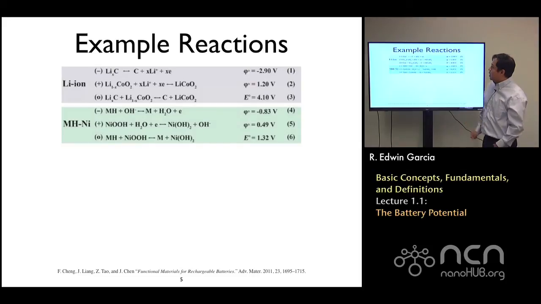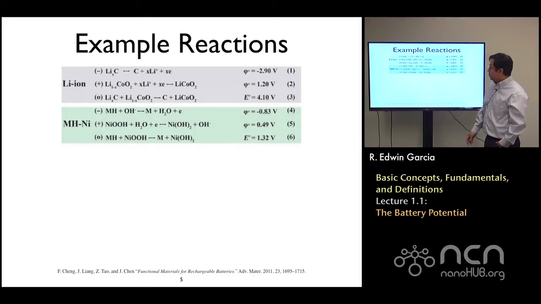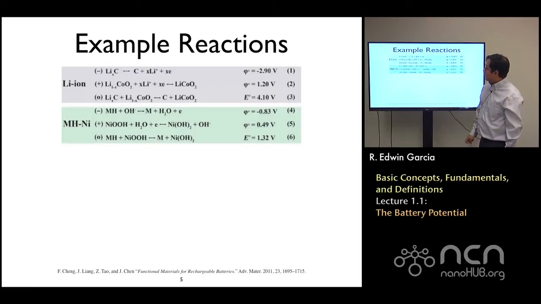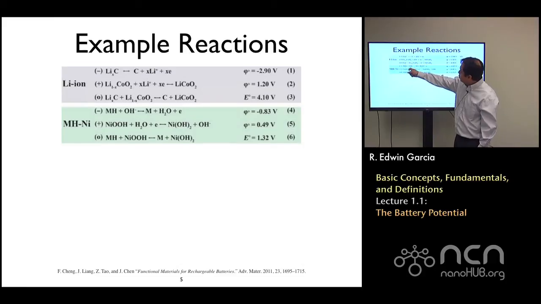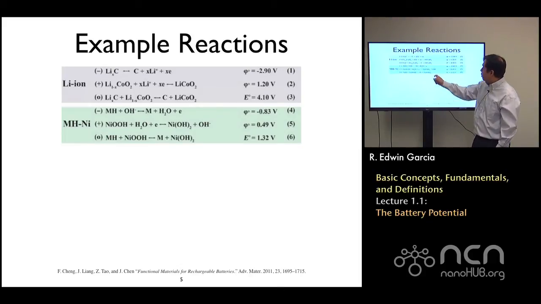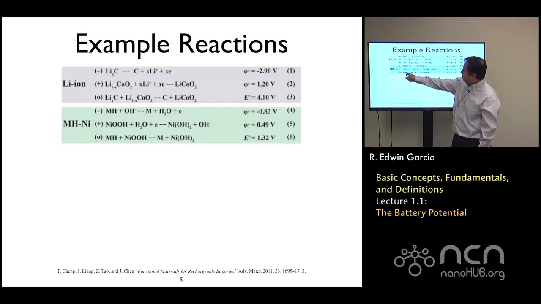Now, this is another example. This is a metal hydride nickel system. Same idea, but you can see you get the same type of reactions in both cases. Here you have the metal hydride. When you put in an OH radical, basically you rip out the hydrogen, leaving the metal alone, and a water molecule and an electron. With respect to the hydrogen reference, you get minus 0.83 volts. For the cathode side, you have nickel hydroxide with water.